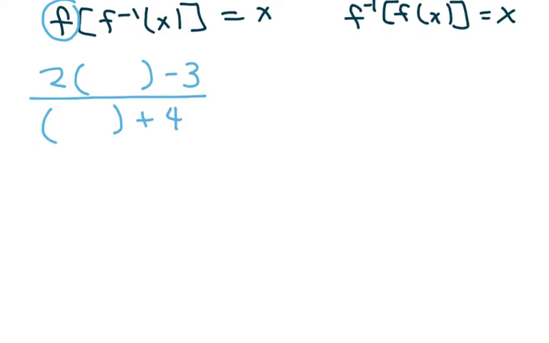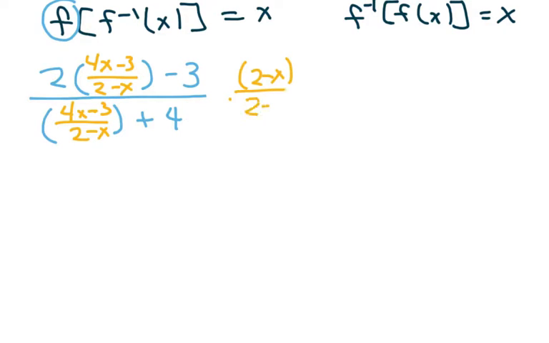So 4x plus 3 over 2 minus x. Now to clear the fractions, I'm going to multiply by 2 minus x and distribute to both pieces.